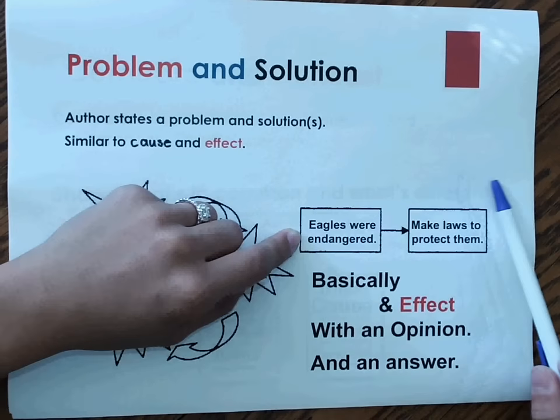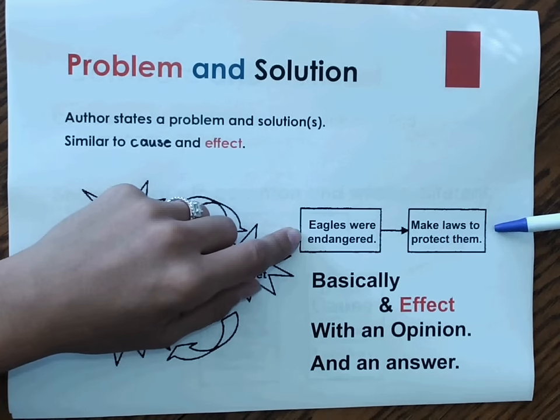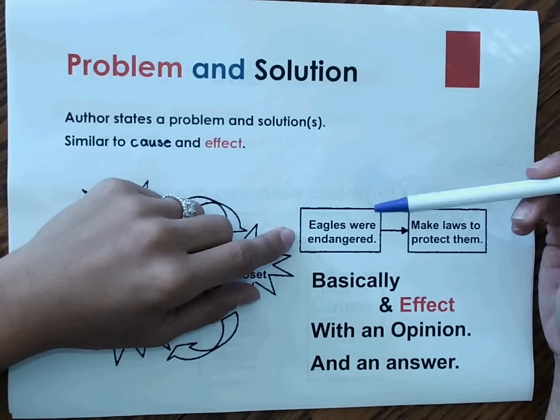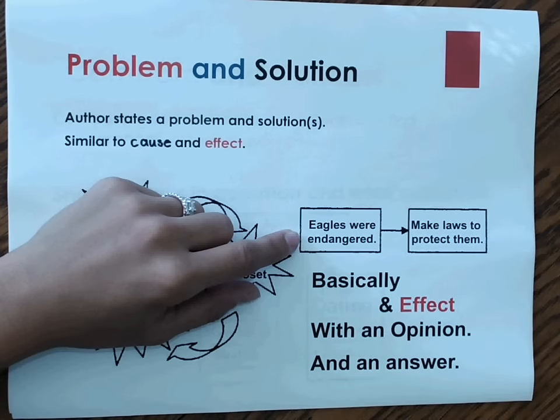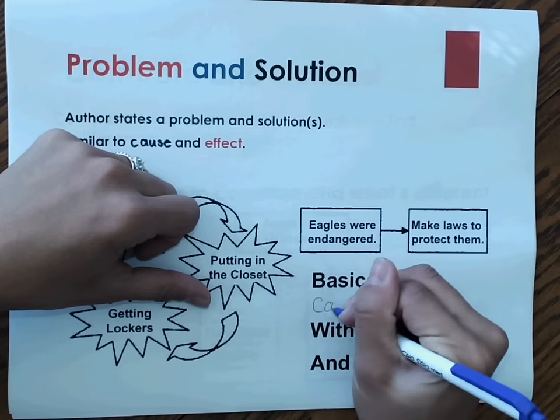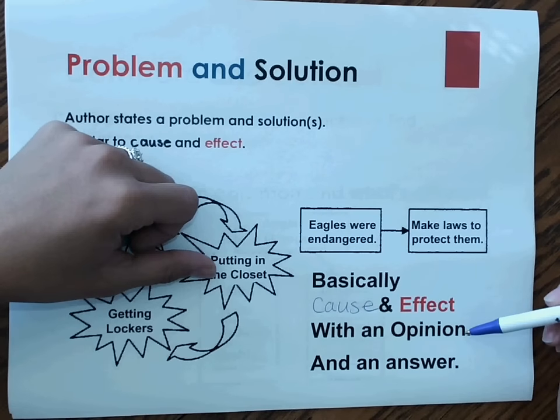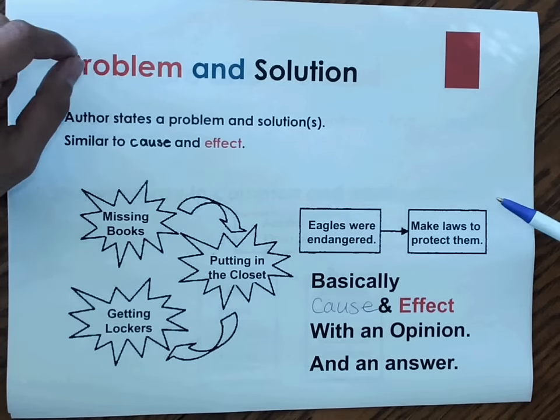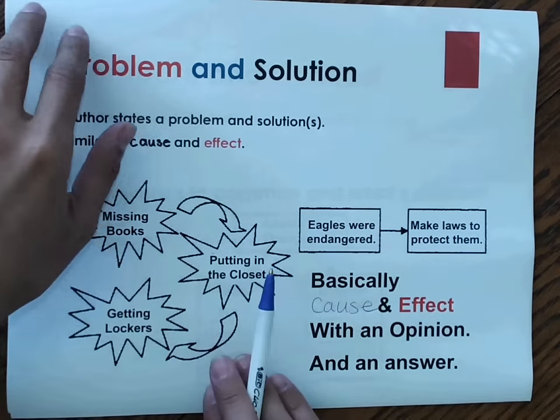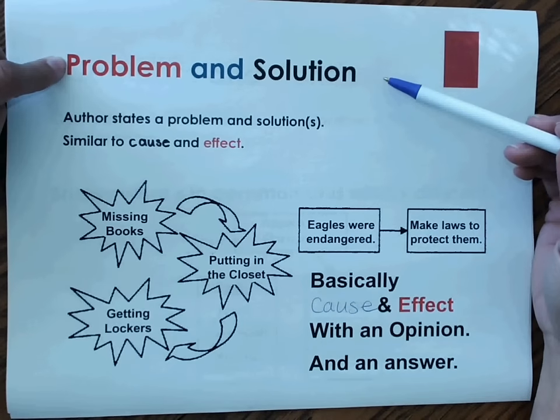Over here we have eagles that were endangered, so we make some laws to protect them. Since we made these laws to protect the eagles, it's a solution to our problem of eagles being endangered. Basically, it's cause and effect with an opinion and an answer. Cause and effect says that something happens and it results in this, or these results were because of this, but it doesn't ever give us a solution. Problem and solution does give us an answer.